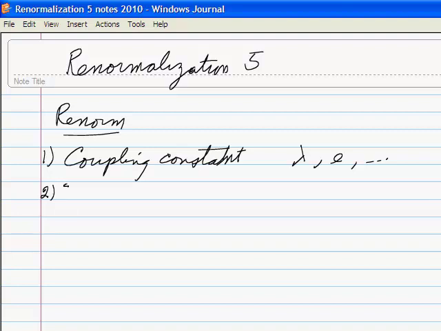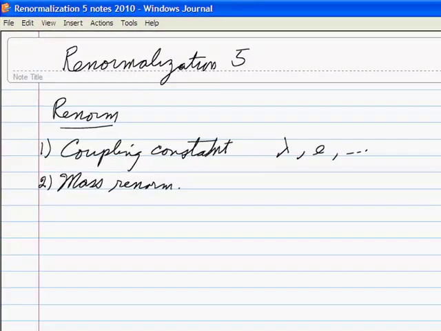The next is mass renormalization. It's basically the same. I mean, a mass is, in a way, a parameter in a Lagrangian. A coupling constant is a parameter in the Lagrangian. The only difference is you do a different diagram for this one. Okay?